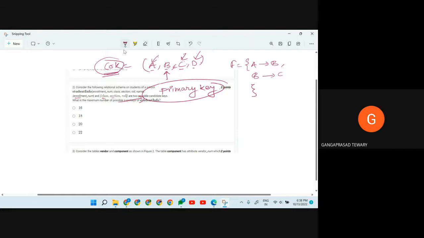Then why is the converse not true? All the primary keys are candidate keys, but all the candidate keys are not primary keys. When all the conditions are satisfied, why is the converse not true, sir?